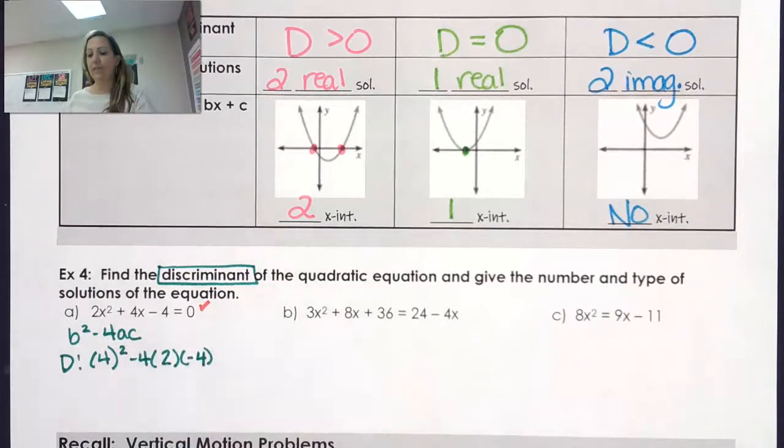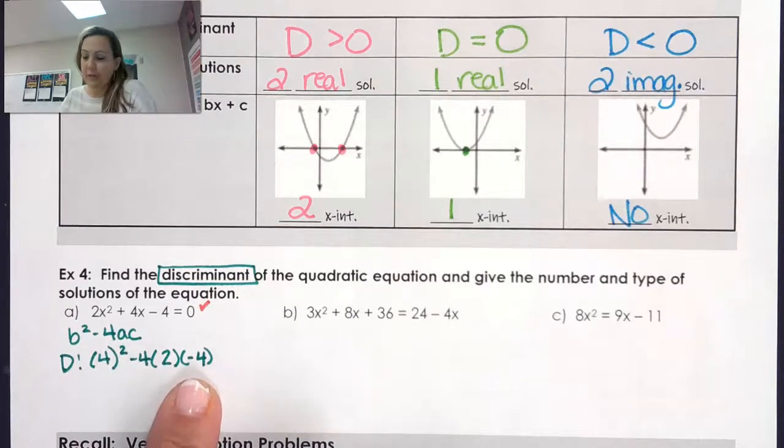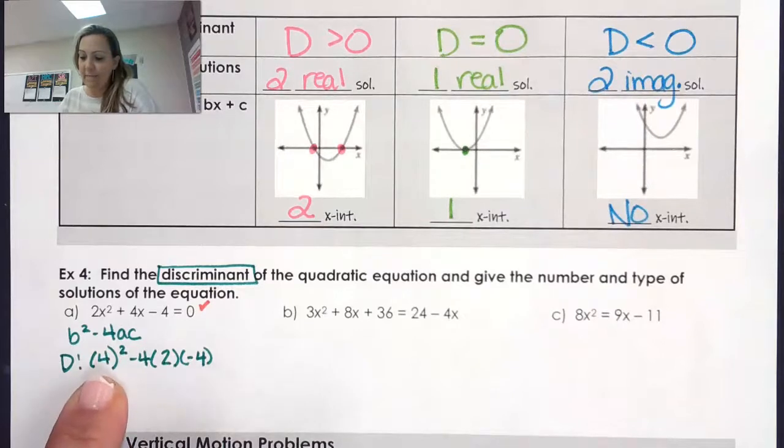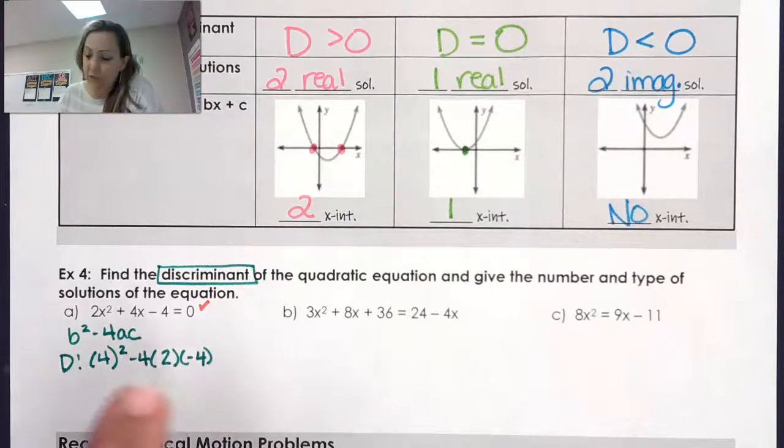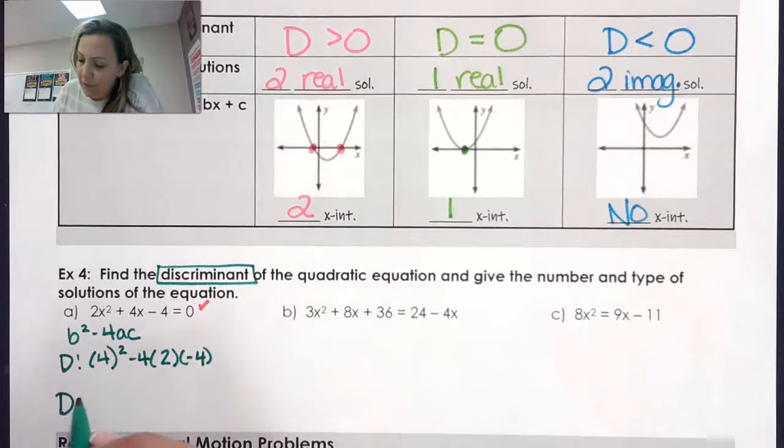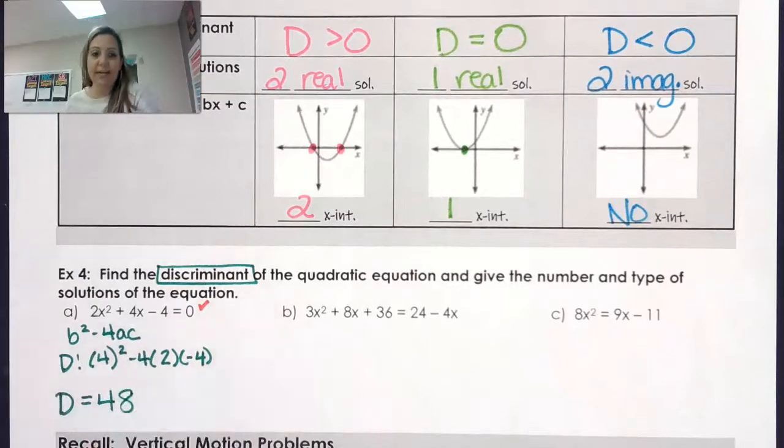Make sure you're careful with the signs. And you can just put this whole thing in the calculator, or you could see that this is 16, and this is going to be a plus 32. So our discriminant value is 48.